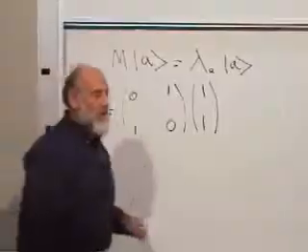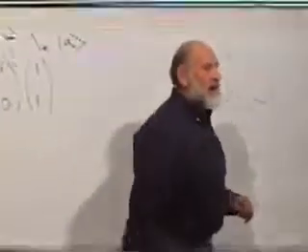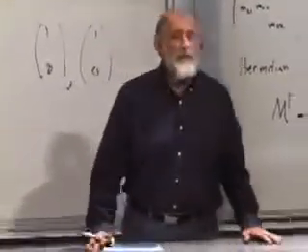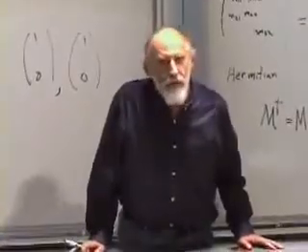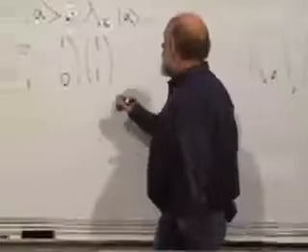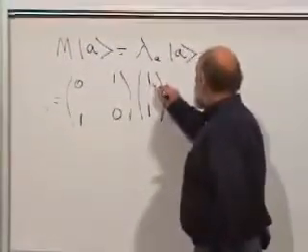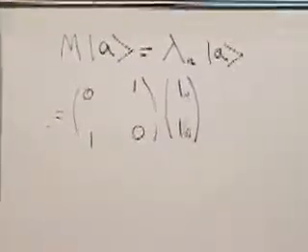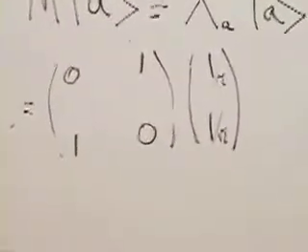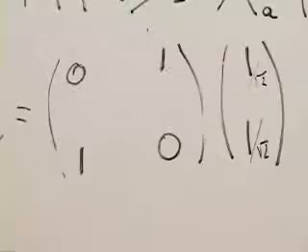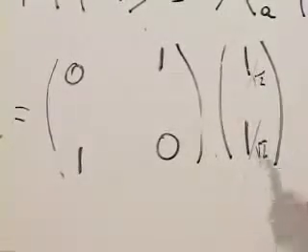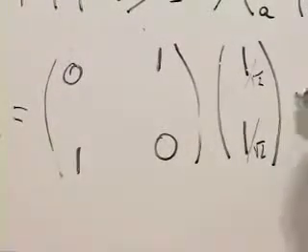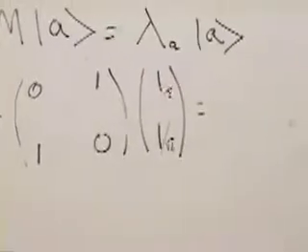But here's a statement: if a vector is an eigenvector, it doesn't matter what its normalization is. If you double it or triple it or anything else, it's still an eigenvector. But if you wanted to normalize it, you would write 1 over square root of 2, 1 over square root of 2. It doesn't really matter in checking whether it's an eigenvector or not, but let's normalize it just to remind ourselves to always normalize vectors.